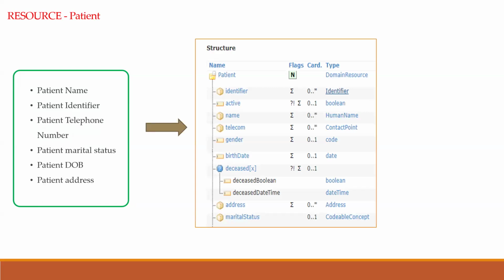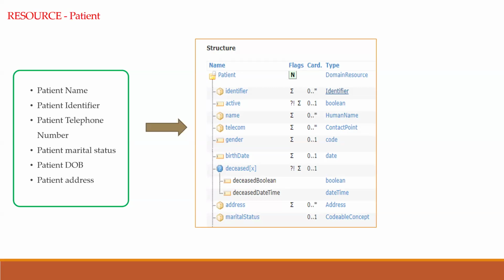As I said earlier, one resource is highly focused. It's nothing but one highly focused set of data. So here we are talking specifically about patient. We have details about the patient only in this particular resource. We have patient name, gender, telecom. You have identifiers to transact SSN or the hospital's MRN number, and so on.